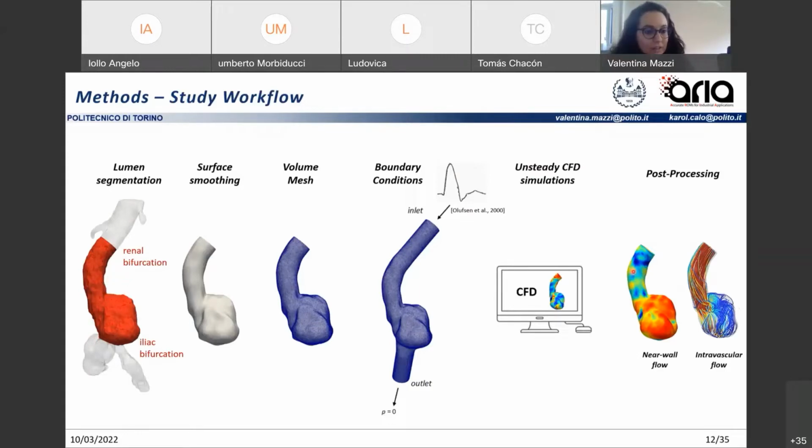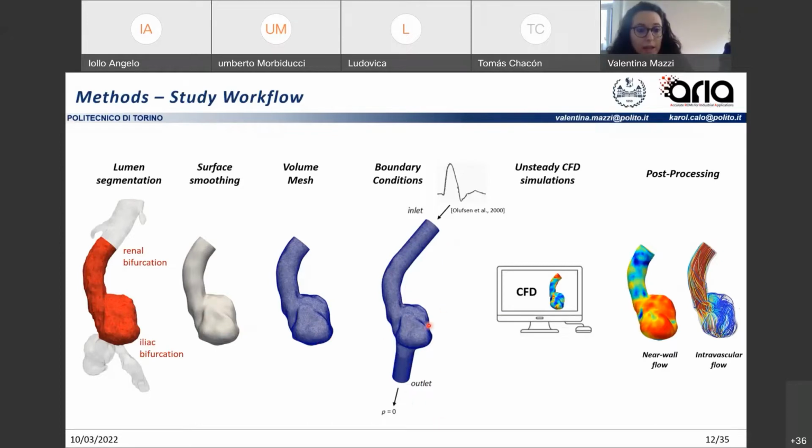And for this study, we focused on the infrarenal portion between the renal and the iliac bifurcations. Then a smoothing step was applied to the raw segmented vessel in order to prepare the surface for the mesh generation.